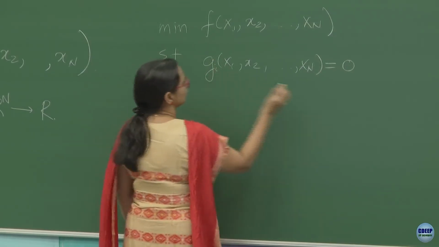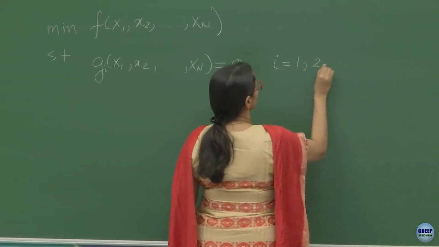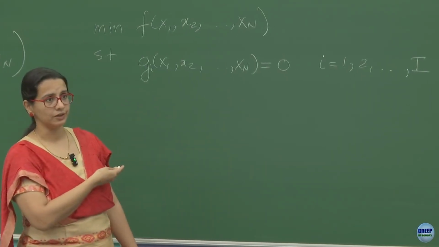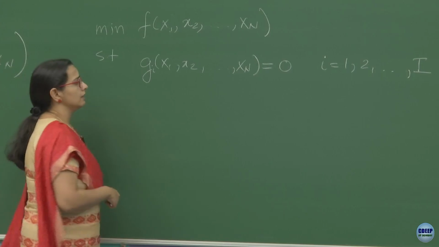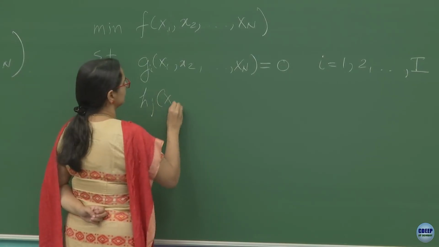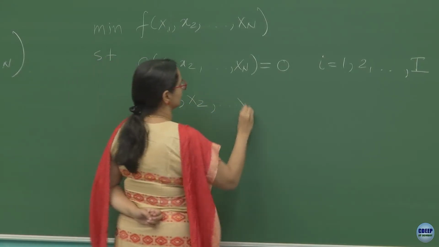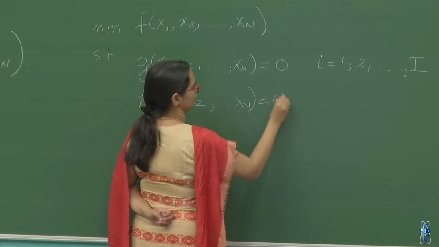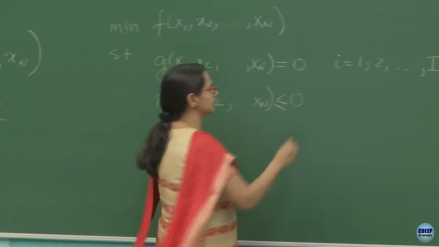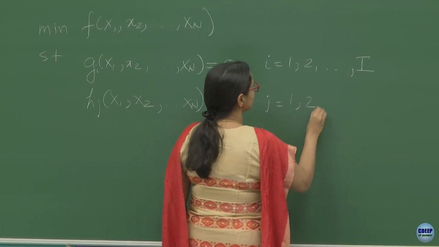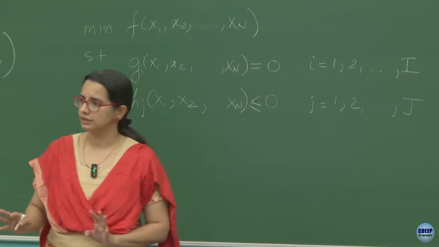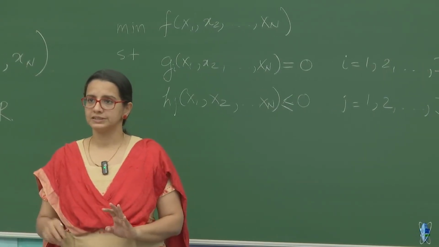So let's say I have capital I such equality constraints. Okay? All right? And then another set of constraints I may have is a set of inequality constraints. Okay? All right? Again, these are not one constraint, but j such constraints. All right? Okay? Everything makes sense?